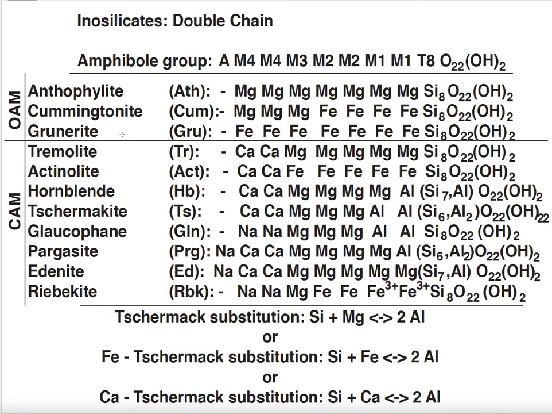On the M4 spaces, it is still hosting 2 calcium, but we have to balance now the sodium, and therefore we are putting an aluminium inside. And then our pargasite is ready.